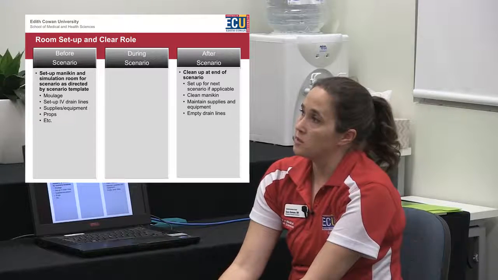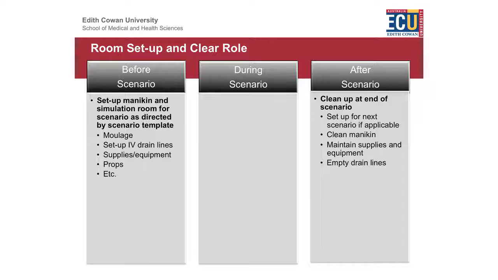Any props you want in the room, have those there as well. If it's cognitive aids, or if it's flowers because somebody's in a nursing home, you want to set up the stage with their watch box and pictures and flowers. So just think about the scene that you're in.